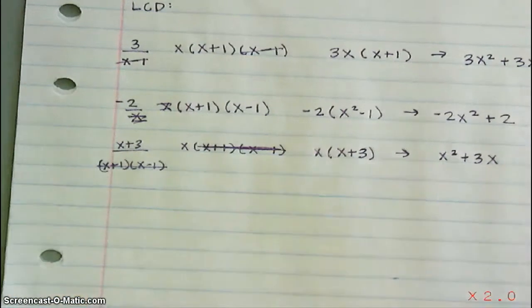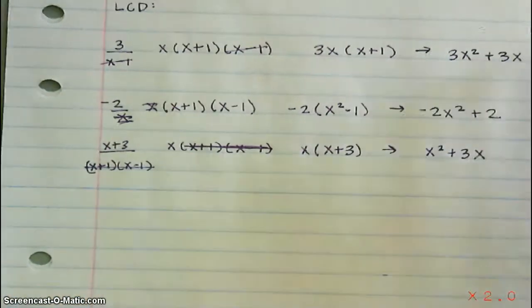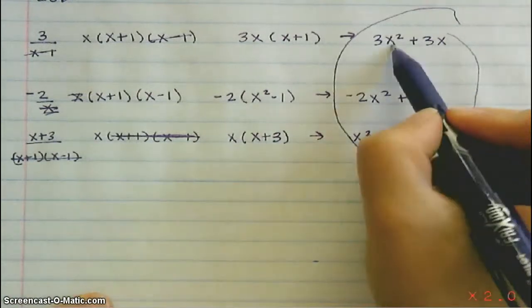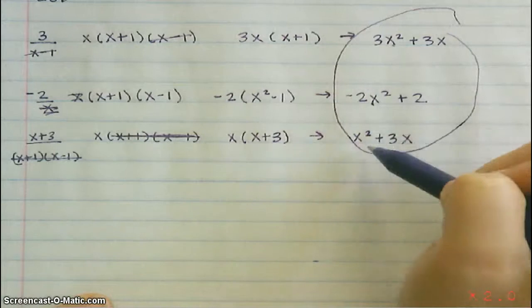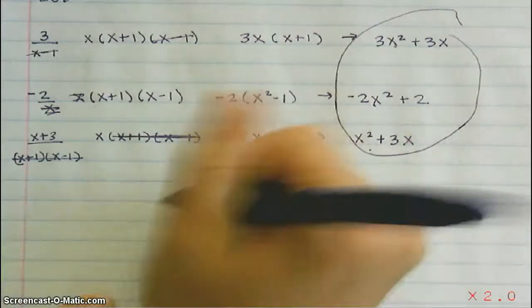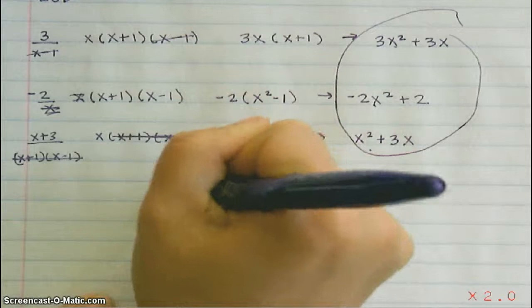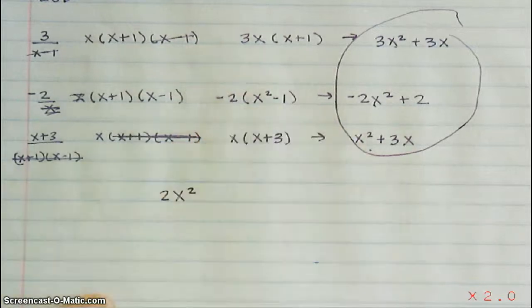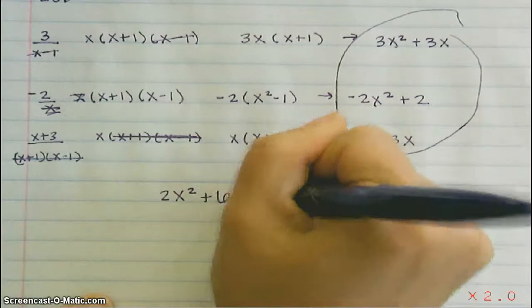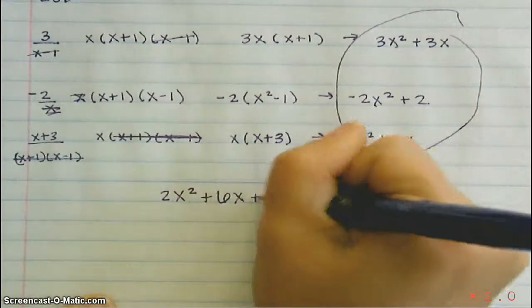All you need to do then is combine all of this part of your numerators, and then you're going to put it over your least common denominator. So, 3x squared minus 2x squared plus x squared, so 3 minus 2 plus 1 is 2x squared. 3x plus 3x is 6x. And then 2.